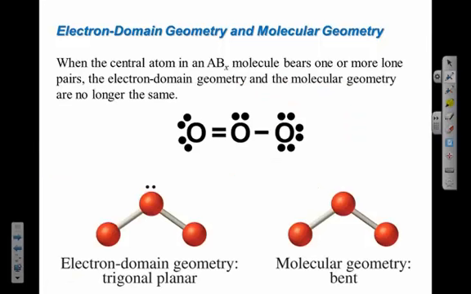All right, so let's look at a couple more examples. Here I've got the ozone that we were talking about. How many electron domains are there? 3. There's a lone pair, a double bond, and a single bond. Remember, a double bond or a triple bond only counts as 1 electron domain.